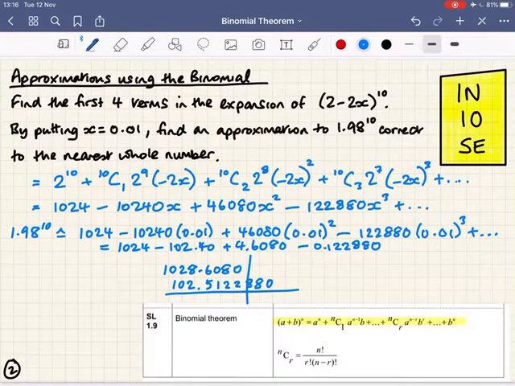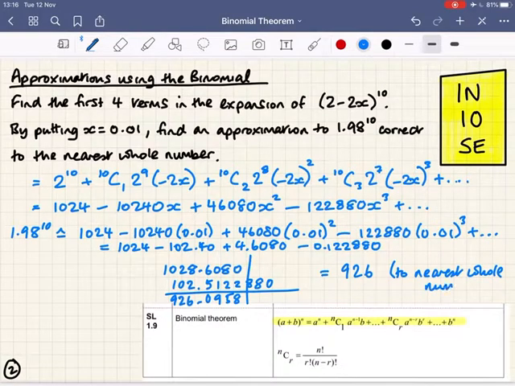So 80 take away 22 is 58, 60 take away 59 is 9, and 1028 subtract 102 is 926. So to the nearest whole number, we've got an answer of 926, which I think you'll agree, we wouldn't have been able to do that just in our heads, would we? 1.98 to the power of 10. Very good. Let's move on.